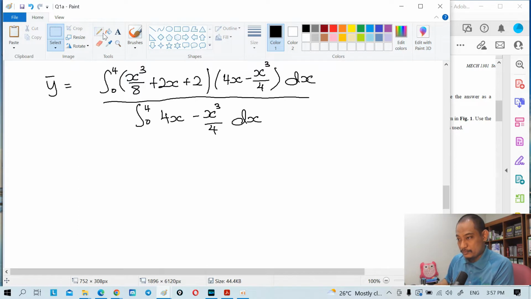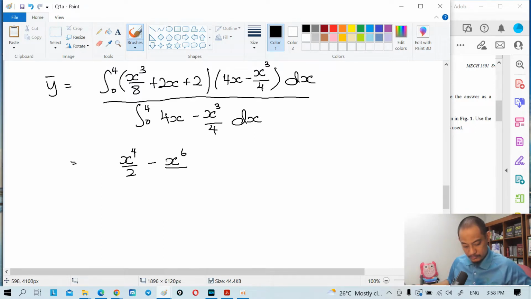If you do this, you get x to the power 4 over 2, and then the next one, minus x to the power 6 over 32, since 8 times 4 is 32.